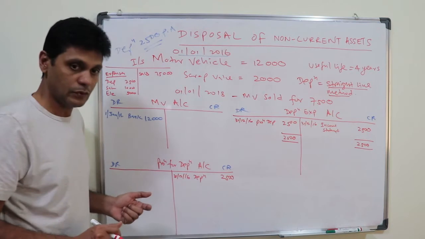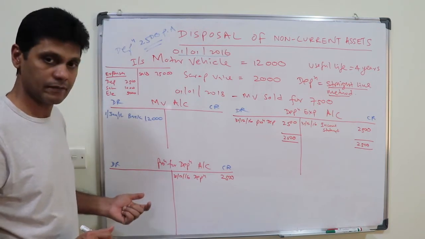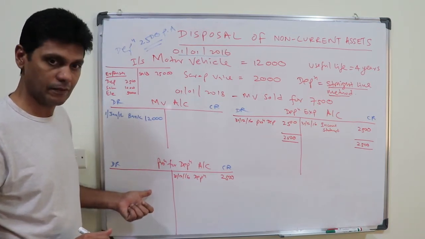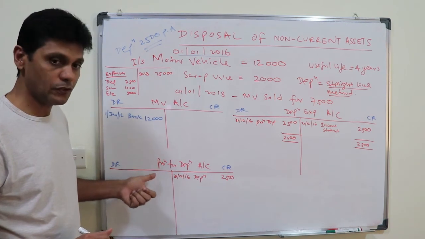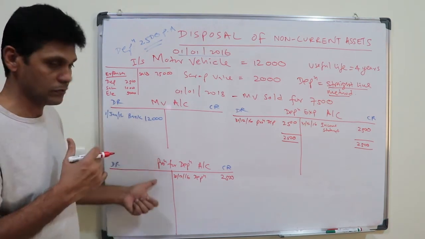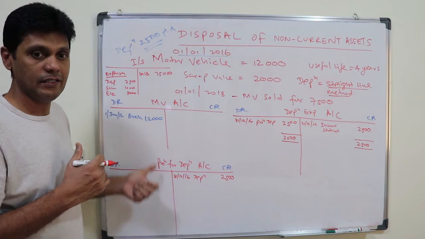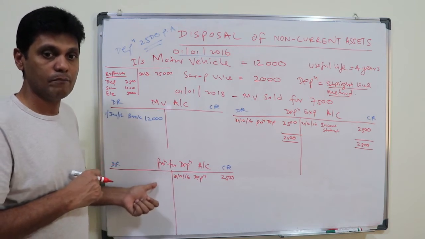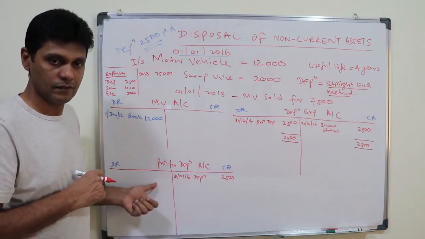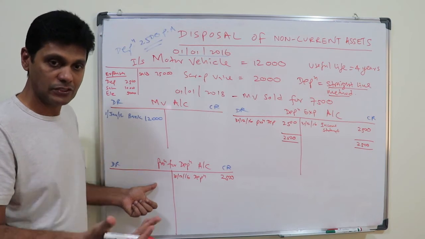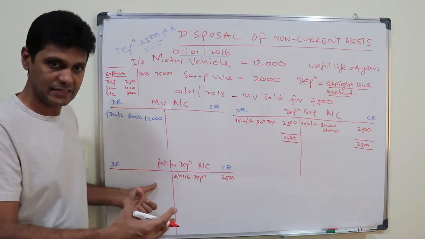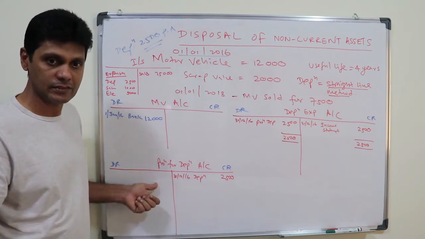Then there are two accounts. What is that? Motor vehicle and provision for depreciation. So where you will show these two accounts? In the balance sheet, because the balance sheet will show your assets, liabilities and equities.